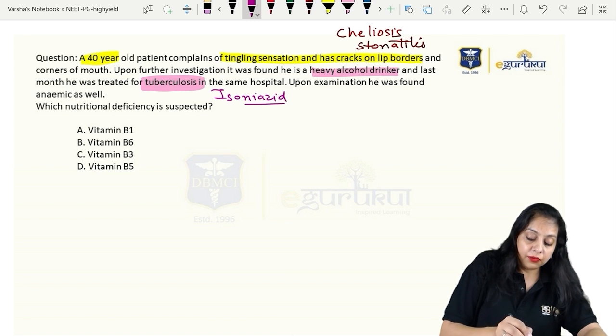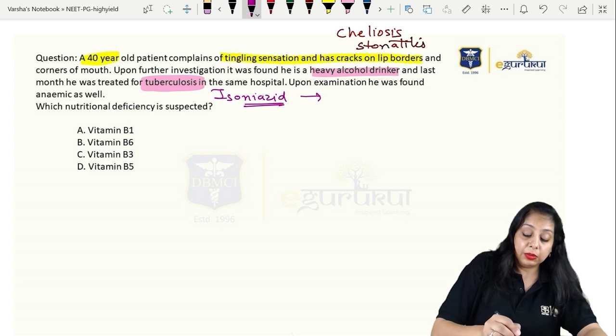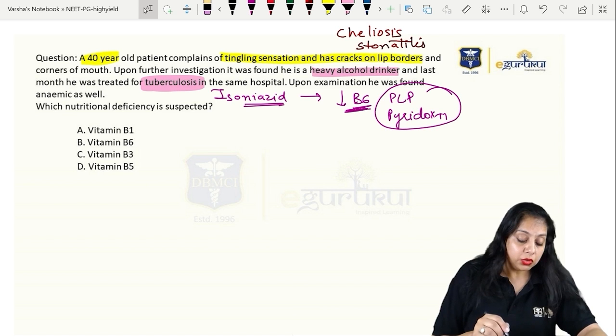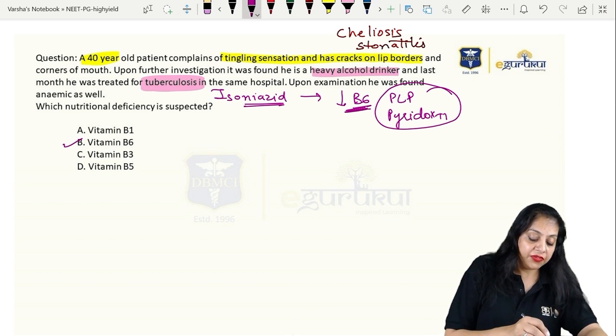therapy, right? And we know whenever we give isoniazid therapy, there is a decrease in pyridoxine or PLP. Pyridoxine is the vitamin form, and PLP is the coenzyme form. Which nutritional deficiency is suspected? Definitely very easy.